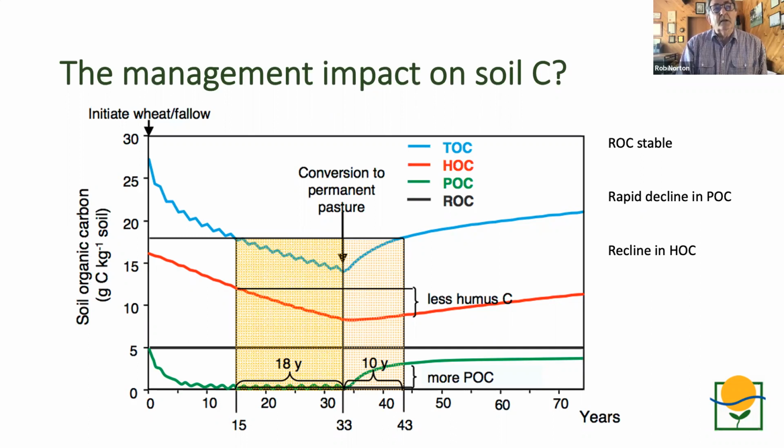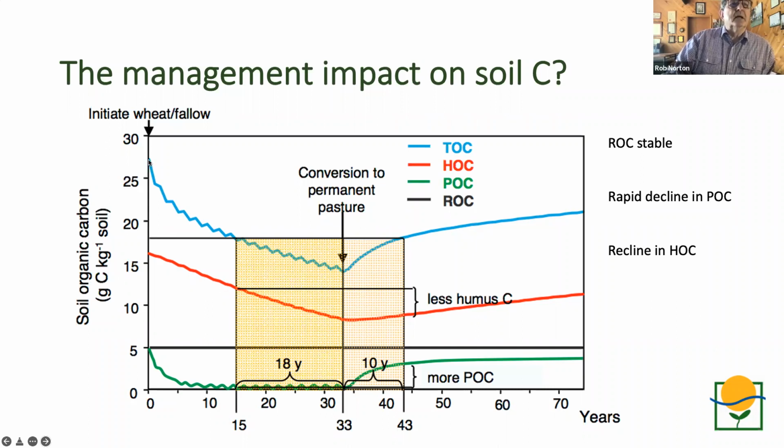And for the first 33 or 34 years, the field was in a wheat fallow rotation. So cultivated wheat fallow rotation, stubble removed, cultivation, planted crop, etc. The blue line is what happened to the organic carbon in that period.